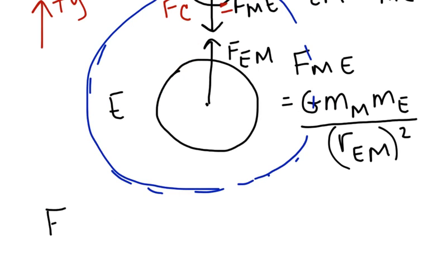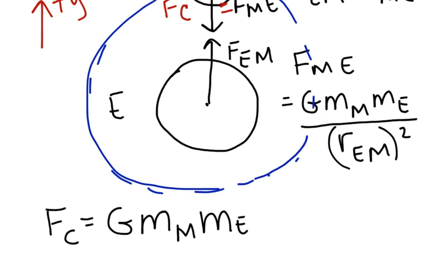So the centripetal force acting on the moon is equal to the universal gravitational constant multiplied by the mass of the moon multiplied by the mass of the Earth divided by the radius of the center of the Earth to the center of the moon squared. Now, what is the formula for centripetal force?